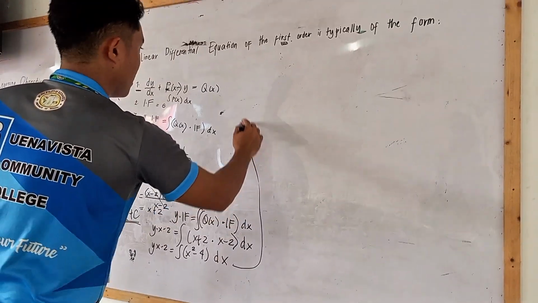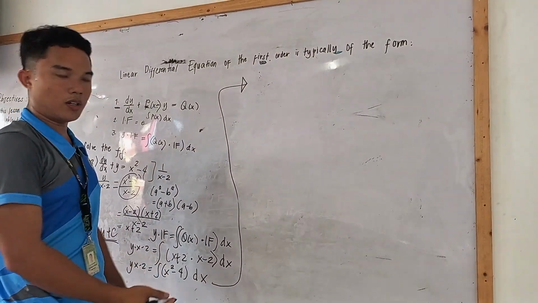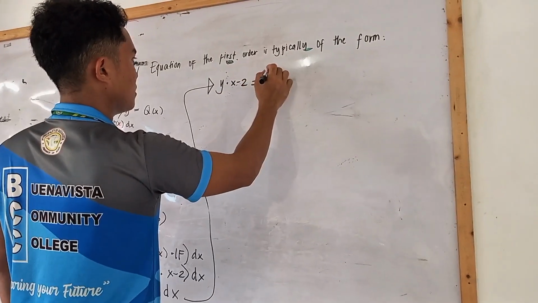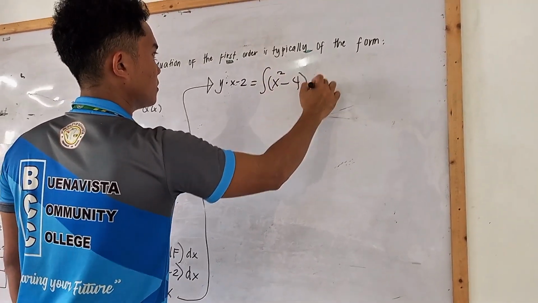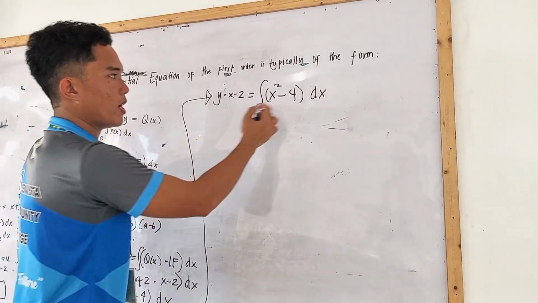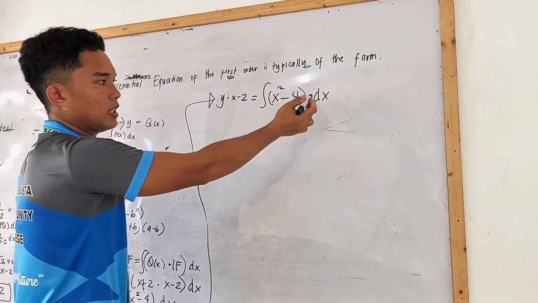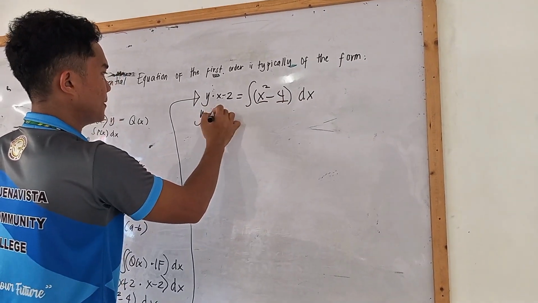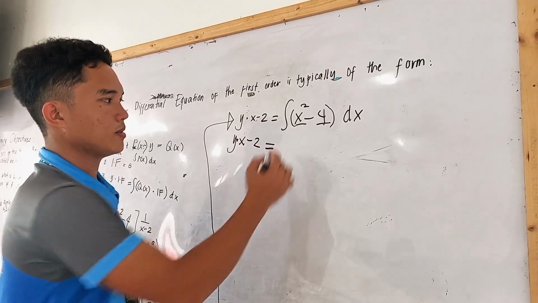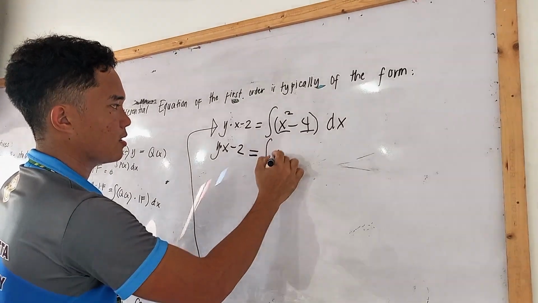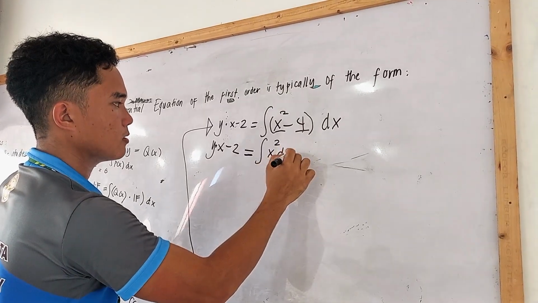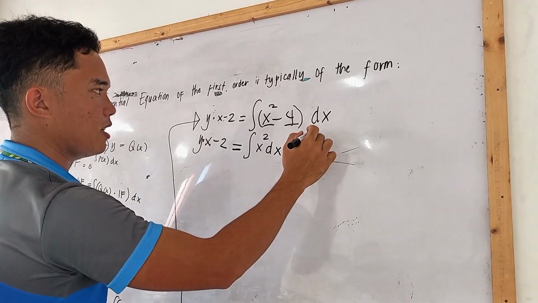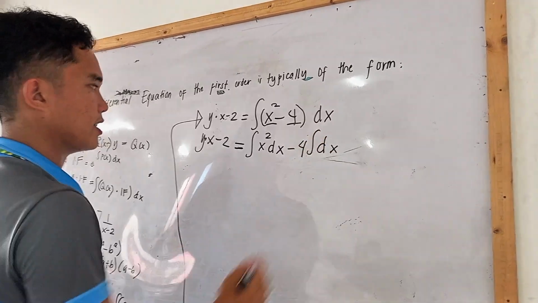So now, we're going to get the integration of x squared minus 4 multiplied by dx. Now, we need to distribute the dx to the terms x squared and negative 4: the integration of x squared dx minus 4 times the integration of dx.